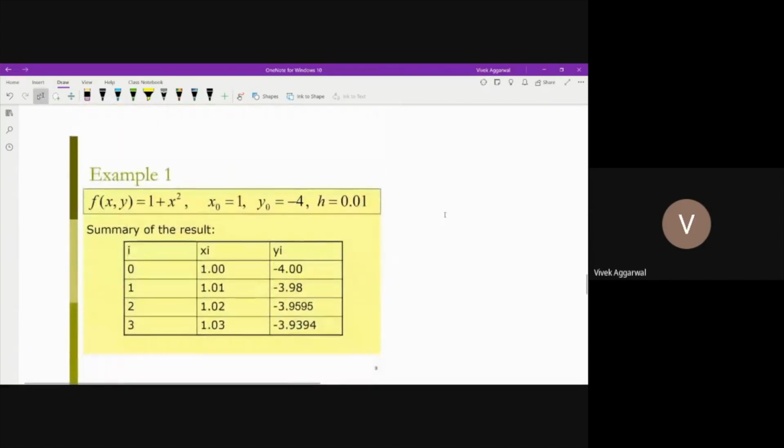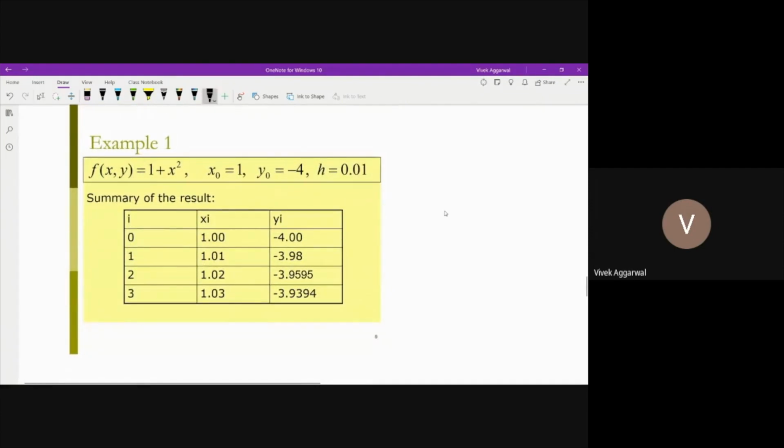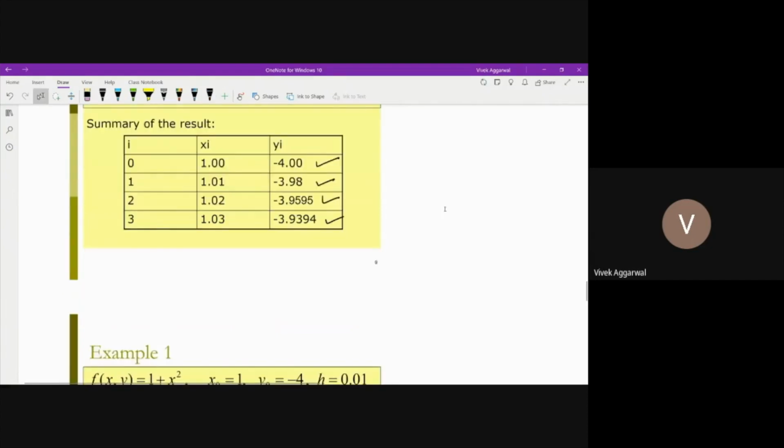So if I find the solution, then you can see that this is my initial solution, and this is my y1, y2, and y3. Now I can find the true value. True value means, this is my x, yi, whatever value I get, and the true value of yi means this is y at xi.